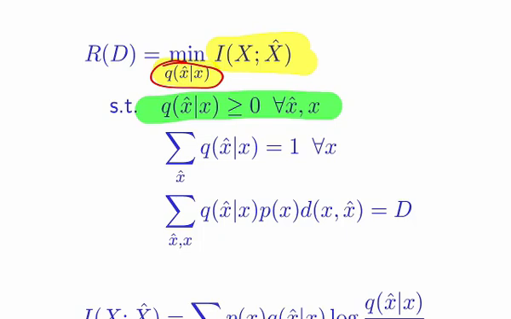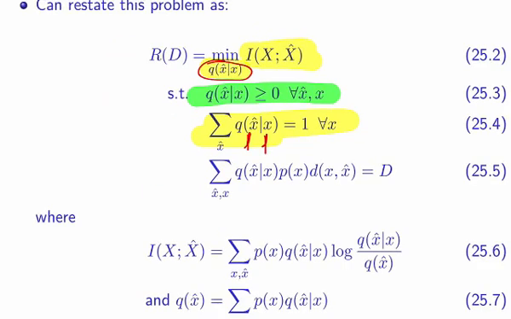Two, it has to be normalized. And if x is considered the rows and x hat ranges over the columns, it's saying that each row has to be normalized. So it's row normalized to 1.